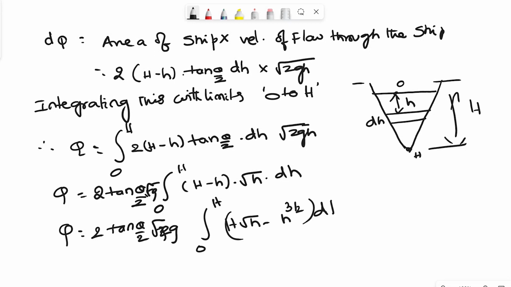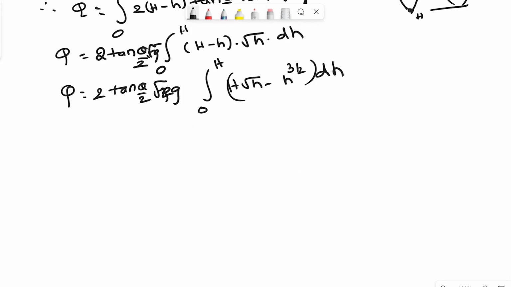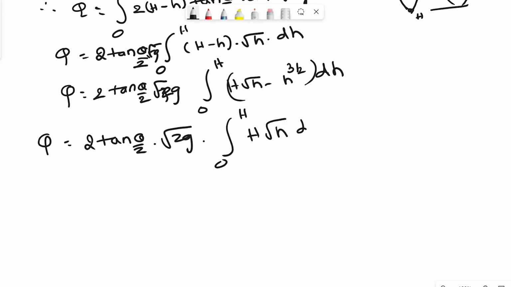So Q is equal to 2 tan theta by 2 into root 2g into, one more step, if I write it for the sake of students, it is H root h dh minus h to the power of 3 by 2 into dh.